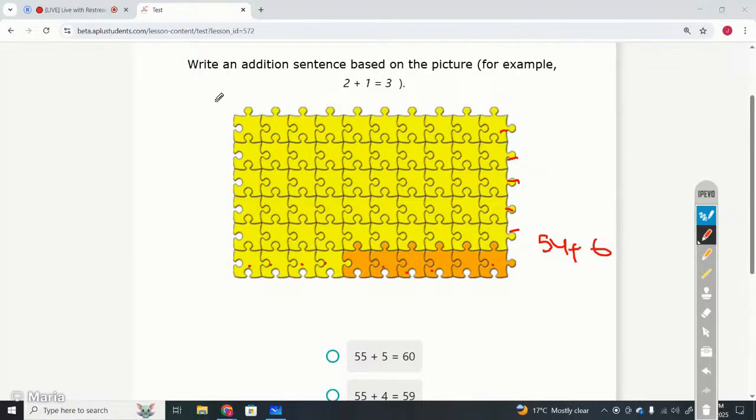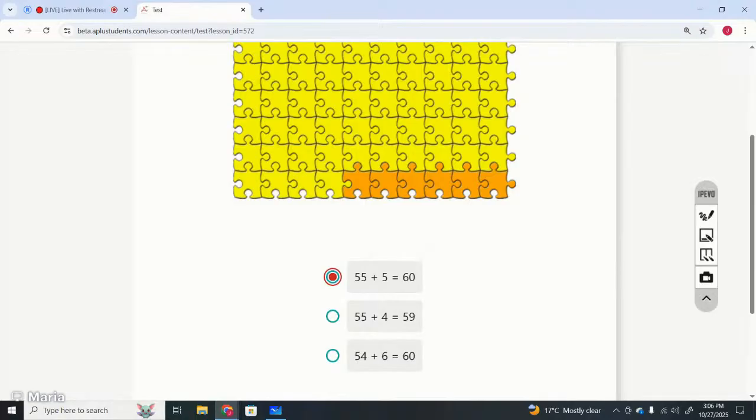So in total, that is 60. Fifty-four plus 6 is 60.